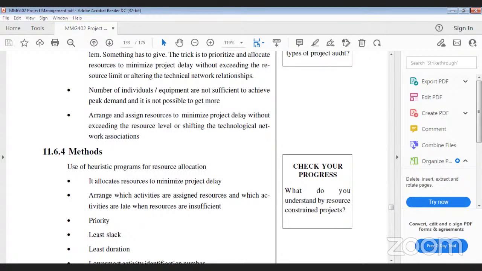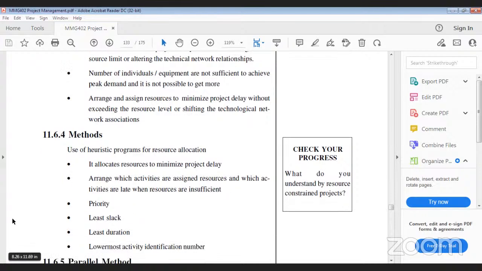And arrange in which activities are assigned to resources and which activities are late when resources are insufficient. There is a priority: first least slack, then least duration, and lowest activity identification number.